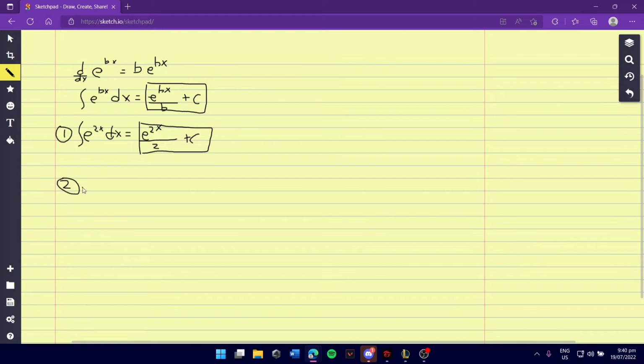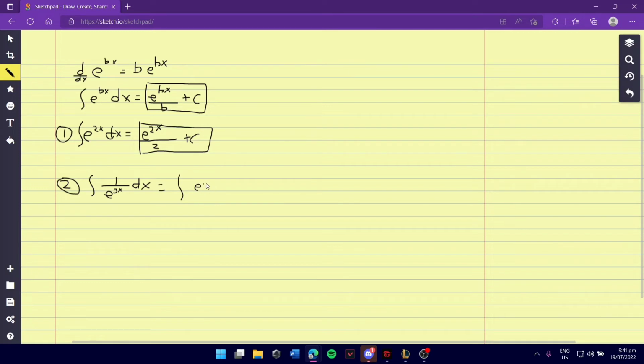In number 2, we have the integral of 1 over e raised to 3x times dx. Here, we will put e in the numerator, so the exponent will become negative.